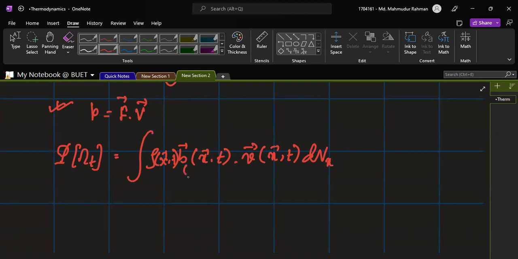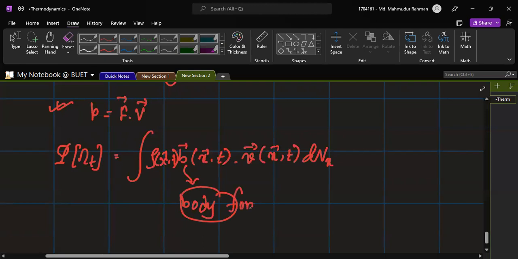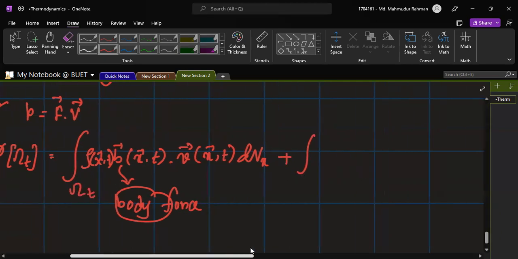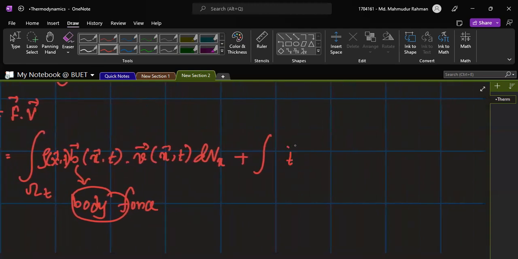This force is the body force. So this power is due to the effect of body force. But we have another force, that is the traction force. So we have to give similar treatment for traction. This integration is over the subset omega t. For the traction, we have the traction field T, this is a vector, x of t, this is the traction force per unit area.